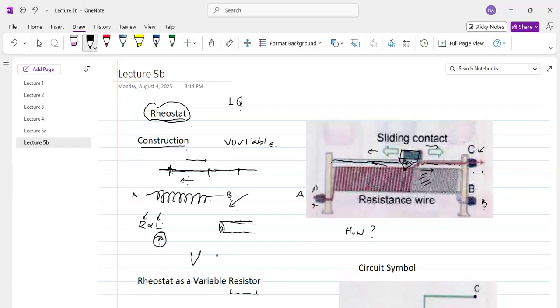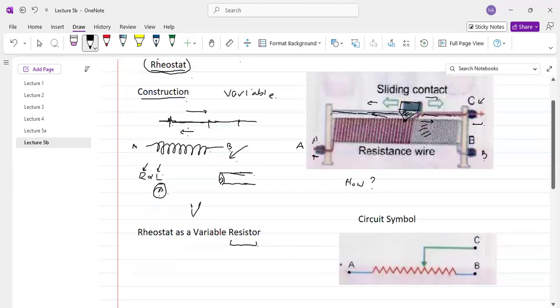How is this possible? First of all, here is the symbolic representation of the rheostat when connected in a circuit.